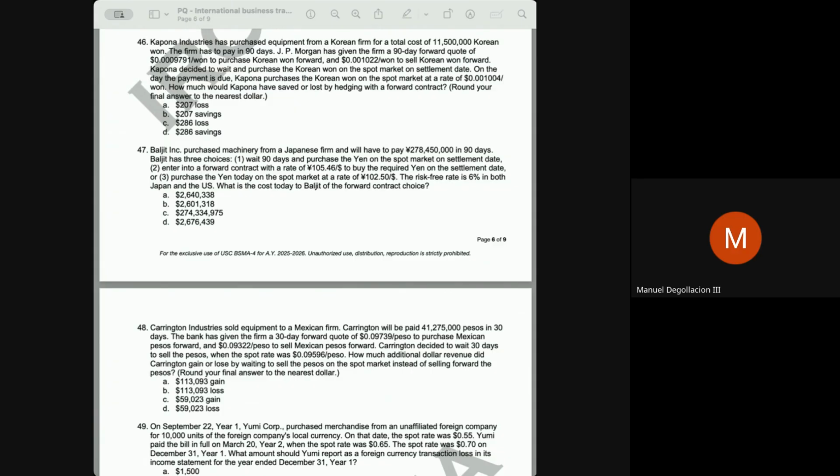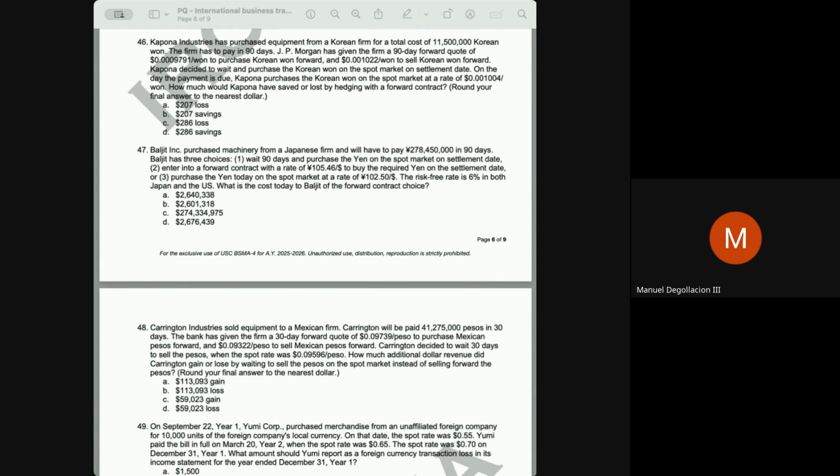First, you divide the price of 278,450,000 by 105.46. That will give you the equivalent amount in dollars, which is 2,640,338.